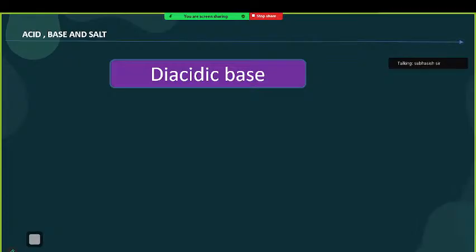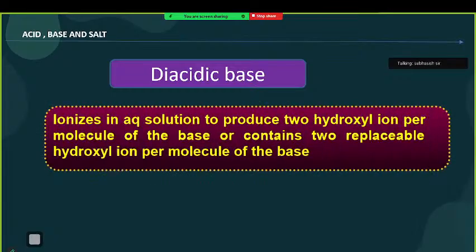Diacidic base: the base which dissociates in aqueous solution giving 2 OH minus per molecule. One molecule of the base gives 2 hydroxyl ions. Like calcium hydroxide, Ca(OH)2, which dissociates into calcium plus 2 OH minus.